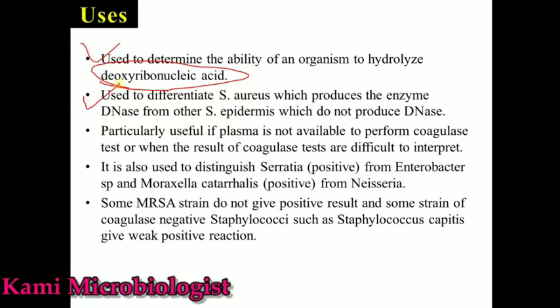Then we have some strains like Staphylococcus aureus and Staph epidermidis. Using this media we can easily identify Staph aureus and Staph epidermidis, because Staph aureus produces the DNase enzyme, while Staph epidermidis does not produce the DNase enzyme.